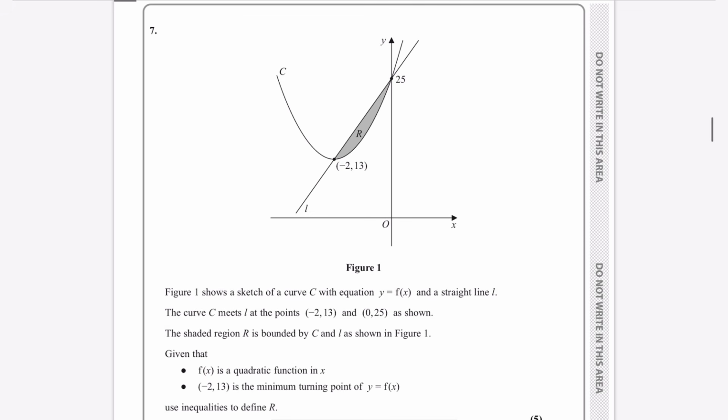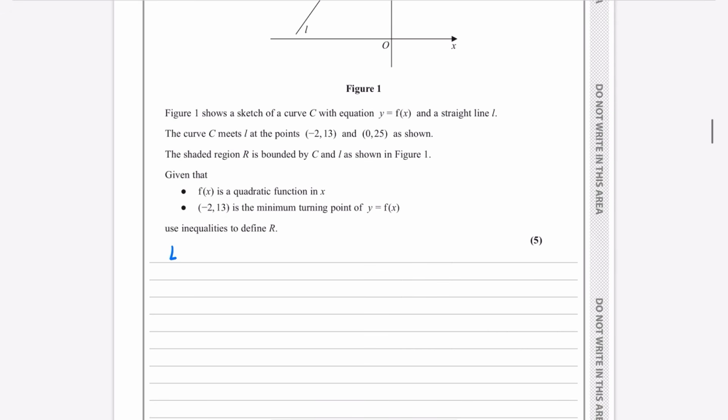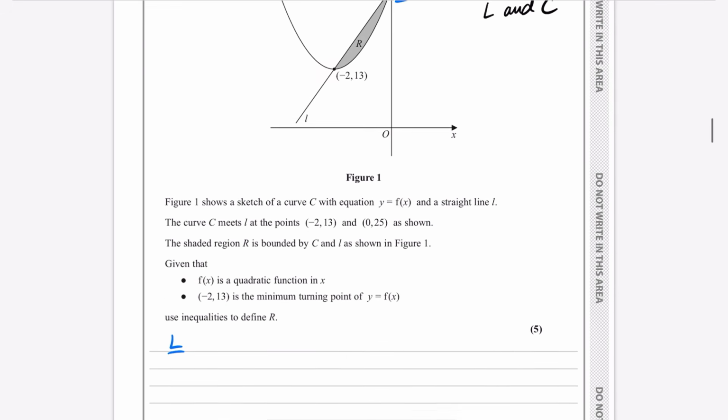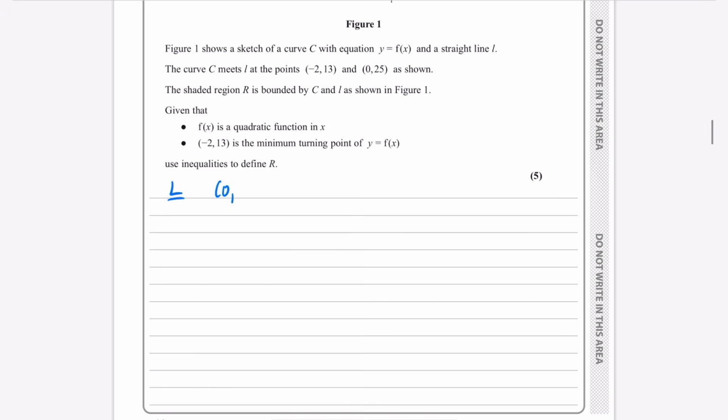So I think what we're really going to need to do is find the equations of L and C, and then we'll worry about the inequalities afterwards. Let's start off with L, because I think L is going to be the easiest. For the equation of a line, we can do the GCSE version because we already know the y-intercept, which is 25. So we just need to find the gradient. The two points are 0, 25 and -2, 13.